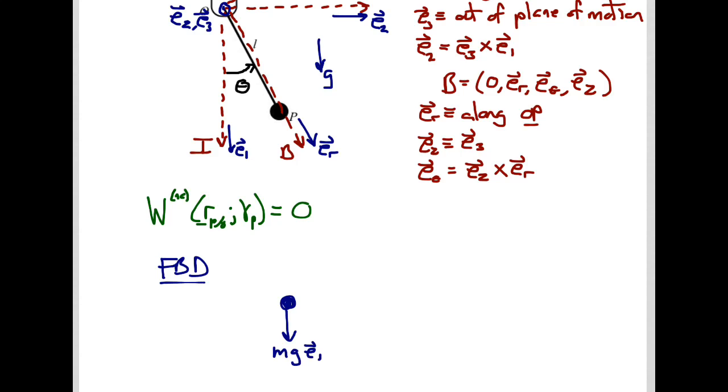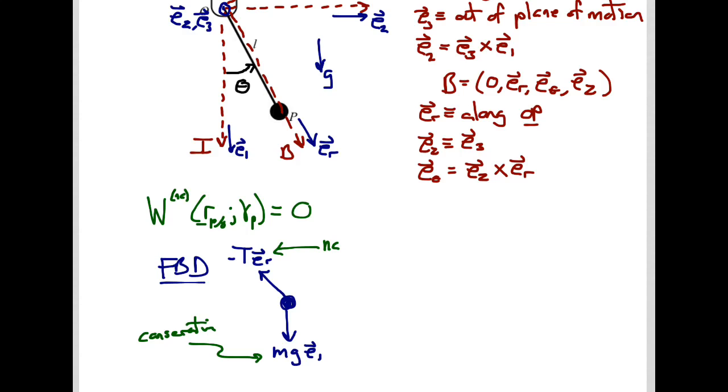And the only other force acting on the system is the constraint force, which is the tension in the pendulum arm. We'll put that in the negative ER direction. Looking at these forces, gravity is a conservative force, and this constraint force, T, would be non-conservative.